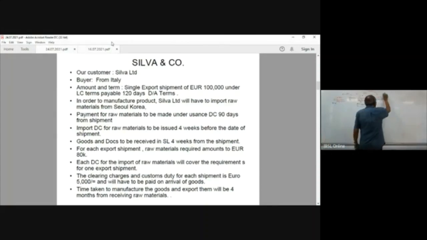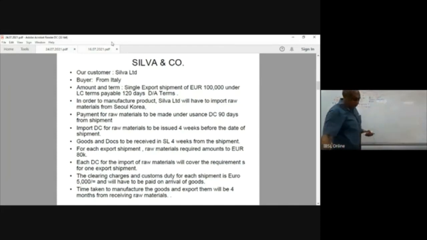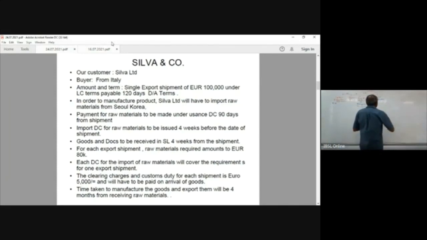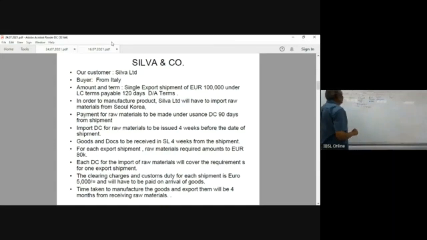You will get the money only after 120 days. That means after another 4 months. Payment takes another 4 months. That is the big picture of the trade cycle.